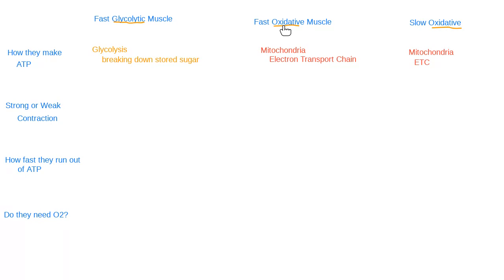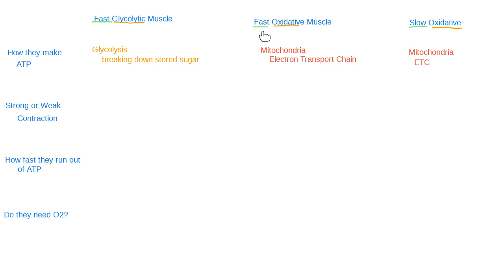The next thing the name of these muscle cells tells us is whether we're making a strong contraction or a weak contraction. That information comes from the first word in their name, whether it's fast or slow. When we talk about a fast muscle, we're talking about a type of protein that can break up ATP really quickly.